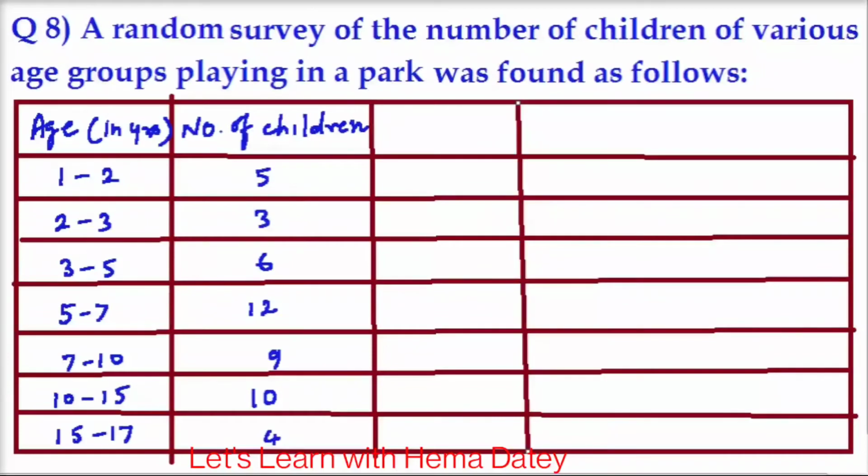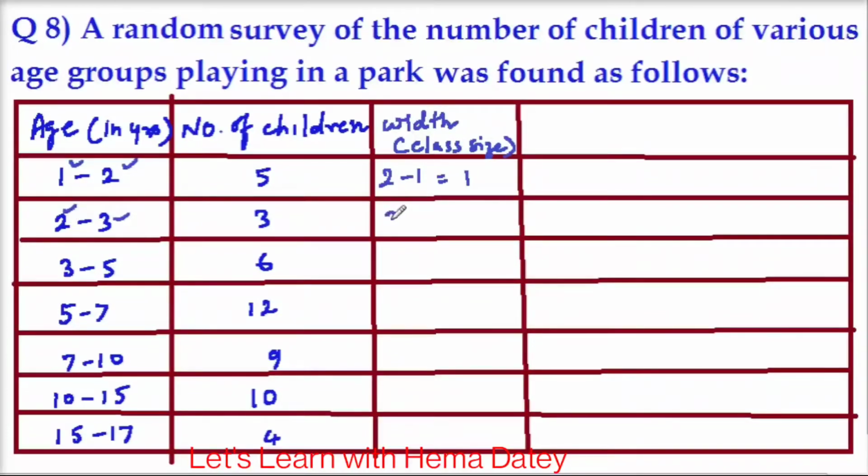If you see the first column, age, carefully, you see something peculiar, and that is the class interval width or the class size is not uniform. So first of all we'll calculate the class size for each class interval. The formula is upper limit minus lower limit. 2 minus 1 is 1.